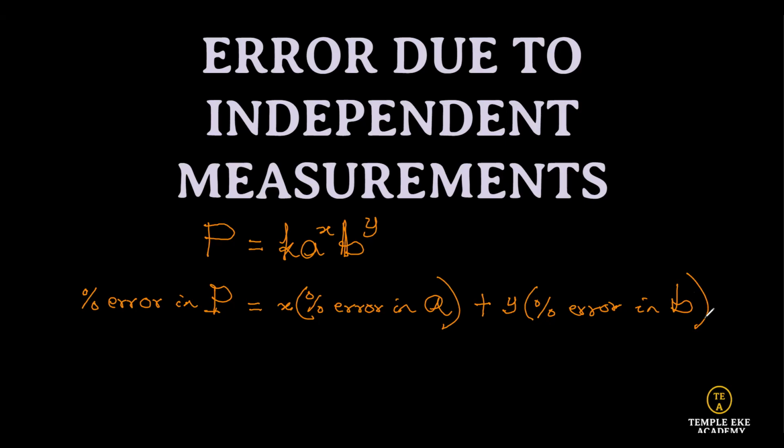You can see the error in P is determined by the errors in A and B with the participation of the powers of the exponents X and Y. K is not involved. Beautiful. So it is important to note this.